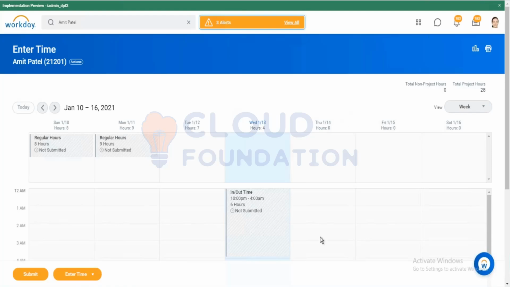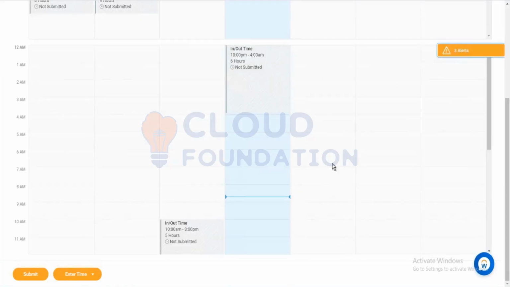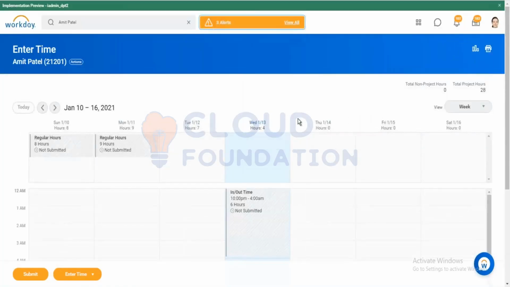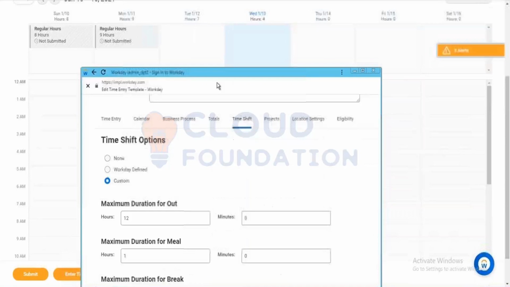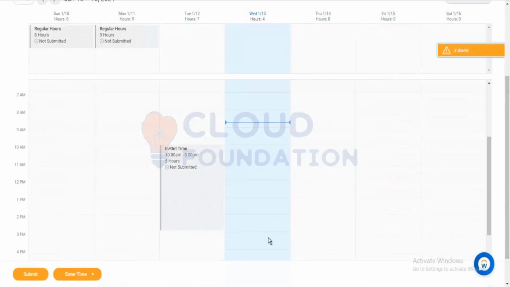The system will always see the blocks, the majority of blocks over here, and it will always calculate overtime for you. If you haven't determined the time blocks grouping on what basis, ideally it shouldn't be. What will happen, the system will see, again you worked over here.